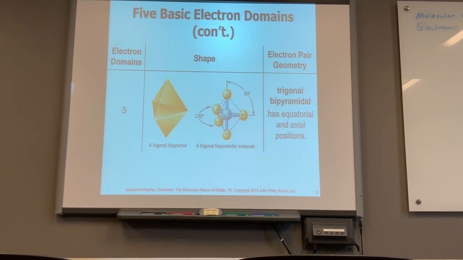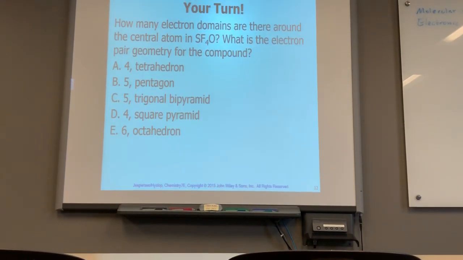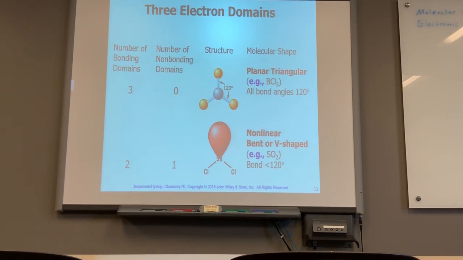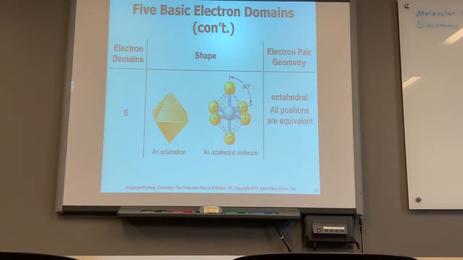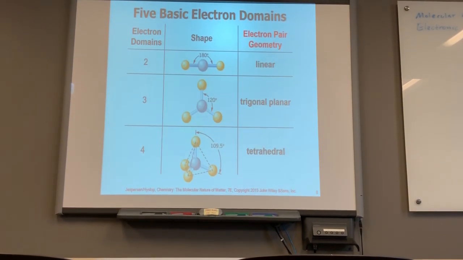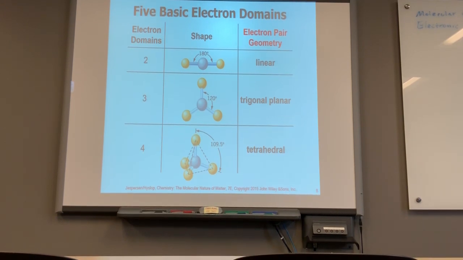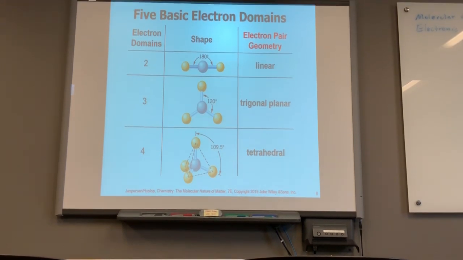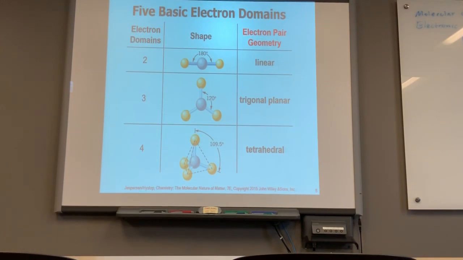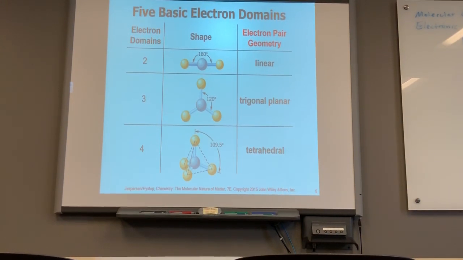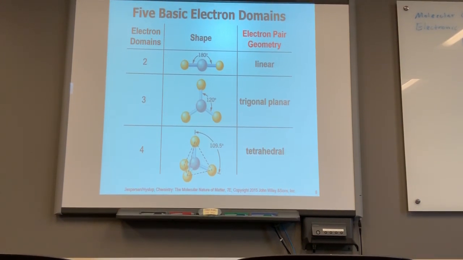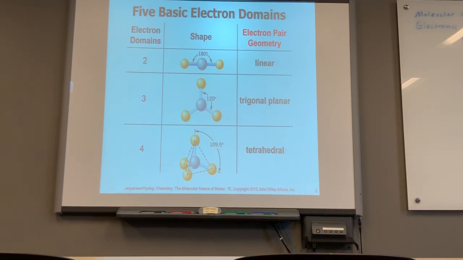How about something like sulfuric acid that has the 4 oxygens off of it, but then has hydrogens off of the oxygens? You only think of the central atom. Sulfur has 4 things on it. Okay, tetrahedral. But then you go to the non-bonding. Actually, it's got 6, right? No. Well, the double bond counts as 1 domain.